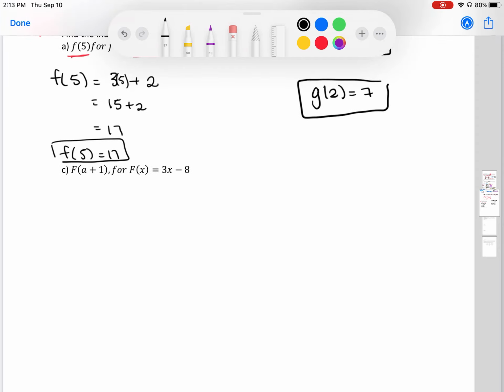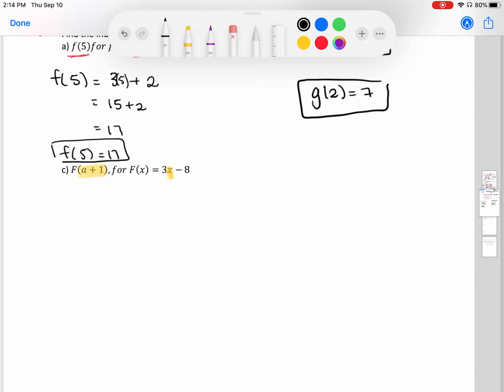Next one. F of a plus 1 for f of x is equal to 3x plus 8. Whenever we have an odd question, they may seem odd at first, where you have not a number but an expression to plug in, just think, okay, I'm plugging that in for every x. And highlight your x's, because sometimes we might have more than one x.